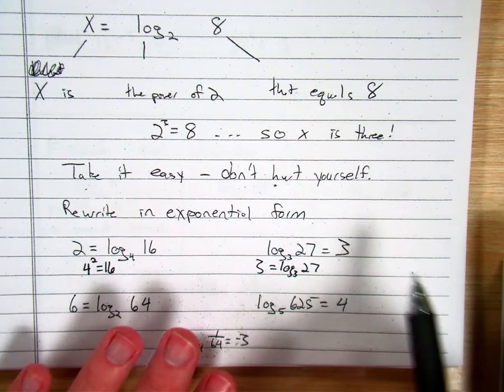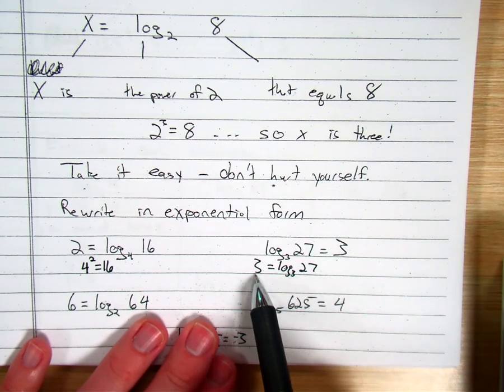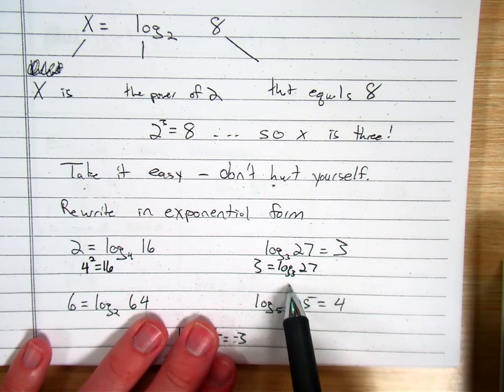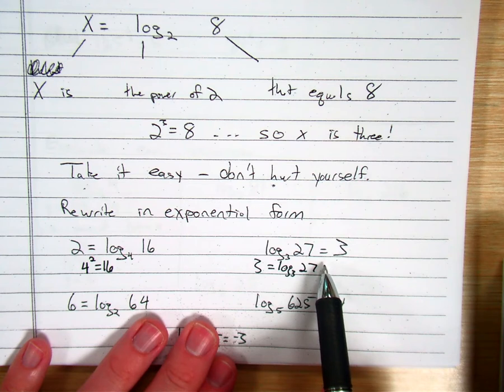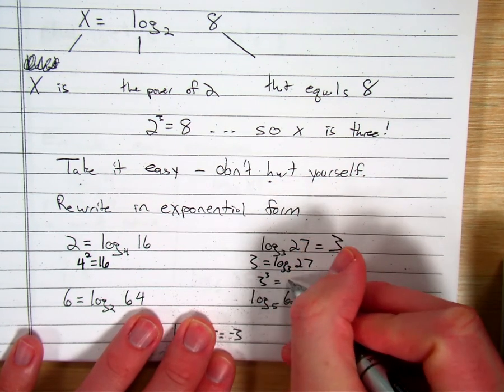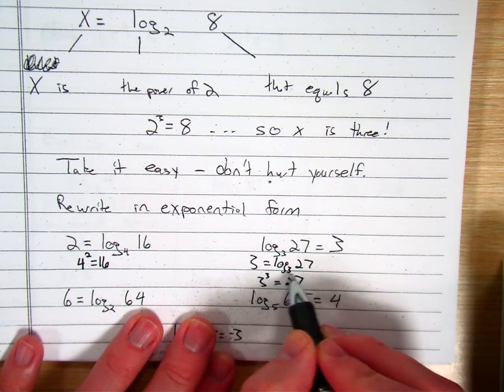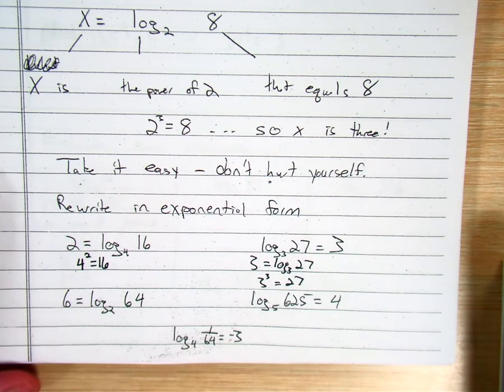You can kind of read it backwards, and pretty soon you'll just be able to look at it and know. Okay? 3 is the power of 3 that gives me 27. So 3 to the third equals 27.